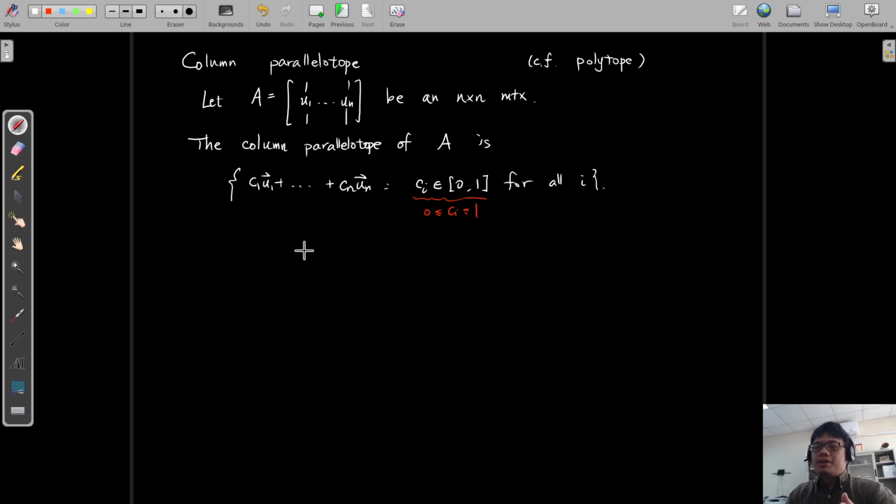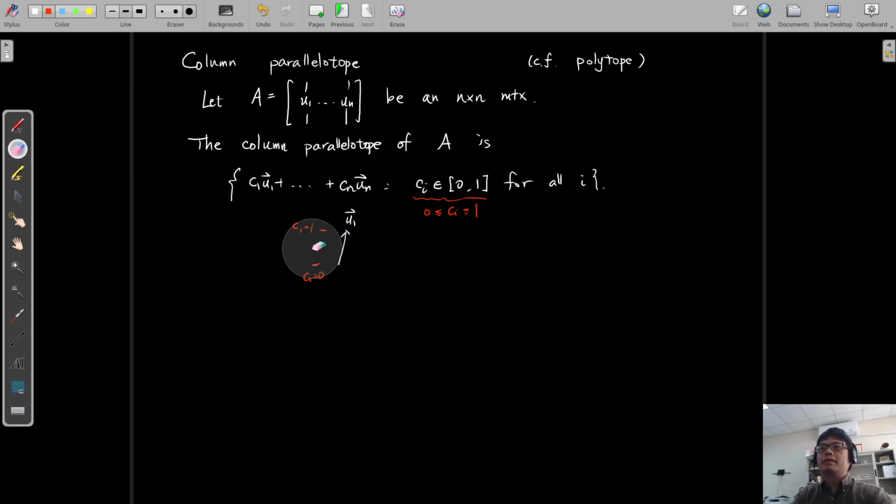Alright, it's not so easy, and at the beginning when you see this, it's not so easy to think about what's going on here, but it will be easier to think about what is 0u1 and what is 1u1. Say this is u1, right? So here means that c1 is equal to 0, and here means that c1 is equal to 1.